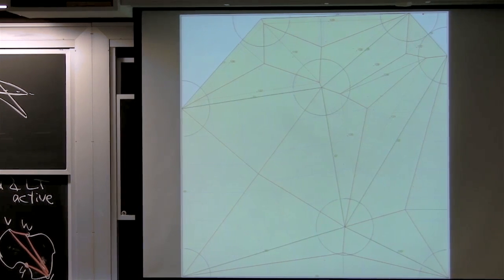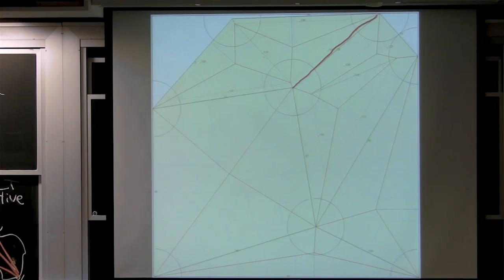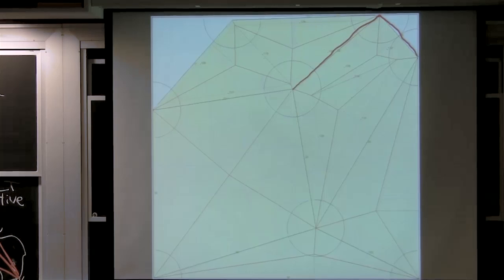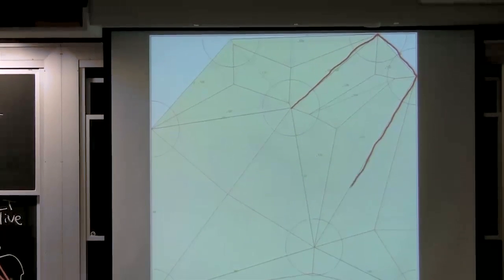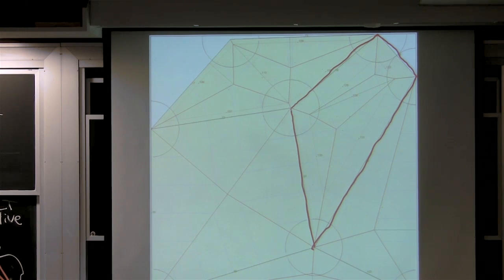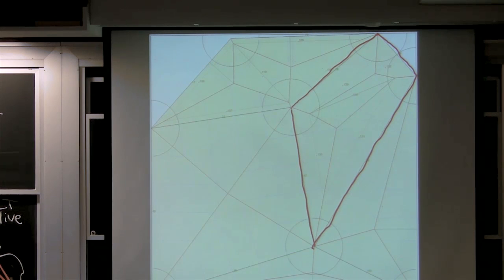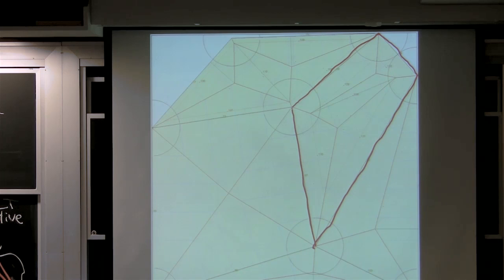So let me pick, let's say, this universal molecule here. It's a quadrilateral. All right, so those are 4 active paths in this case, and that corresponds to some tree.